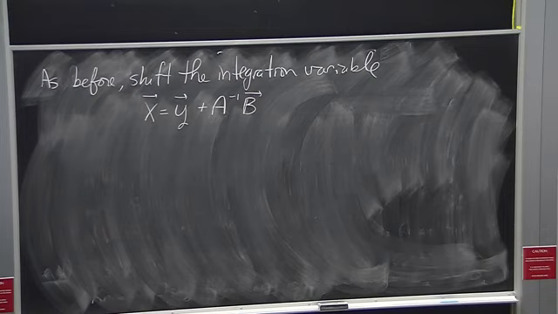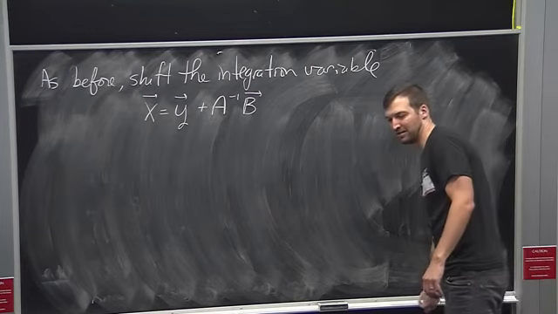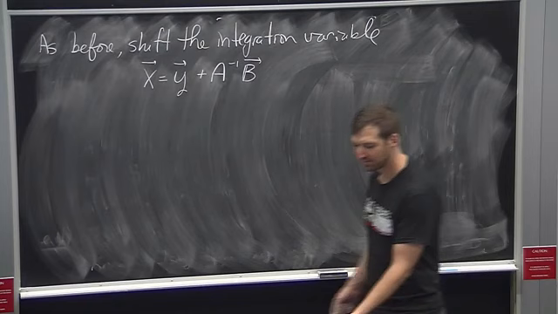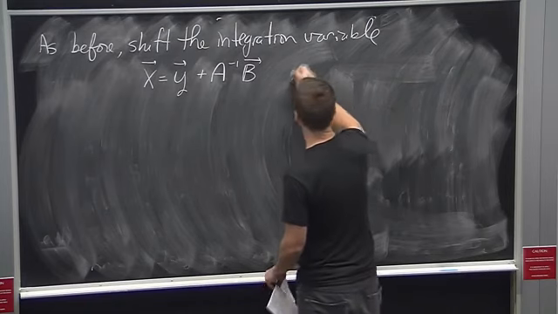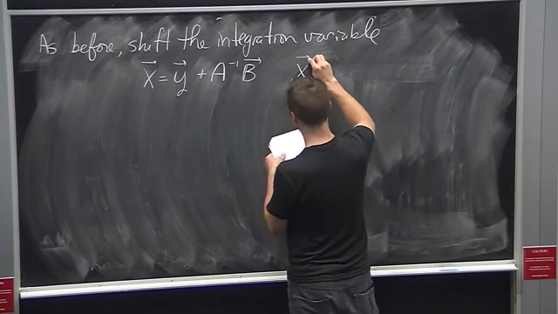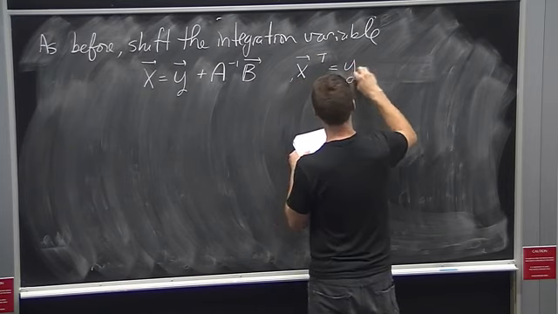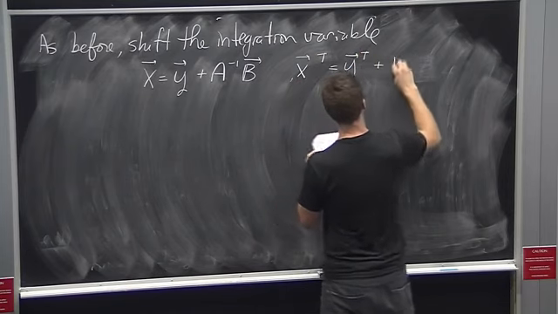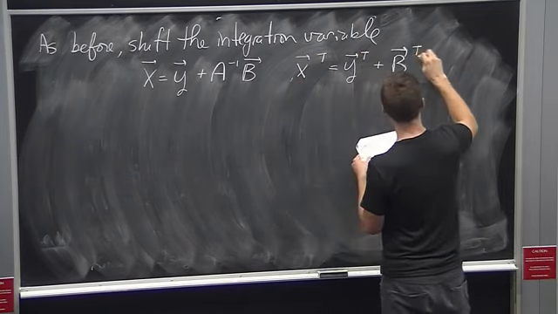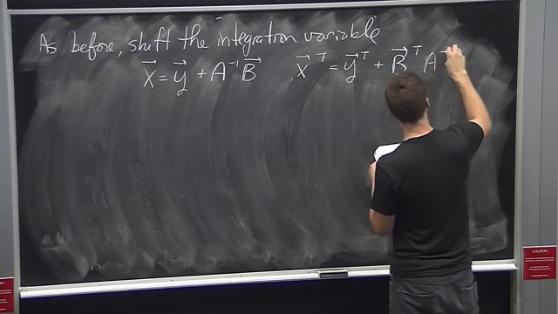This isn't the inverse of each element of the matrix; it's the inverse of the matrix. And we also need the transpose, where you switch the order of B and A inverse.